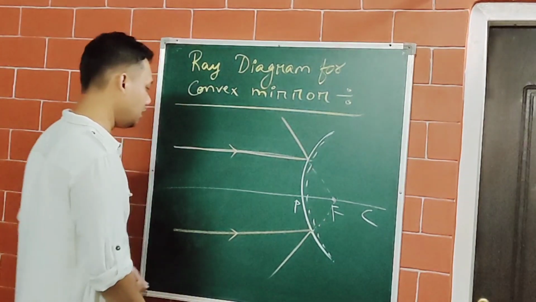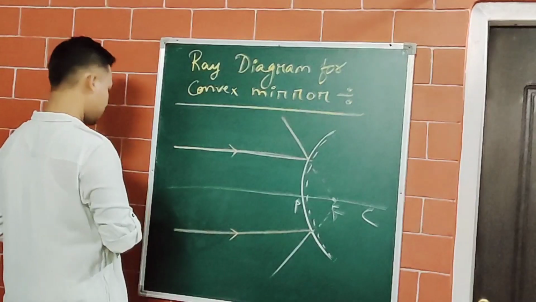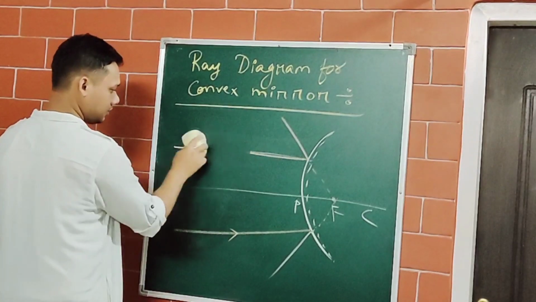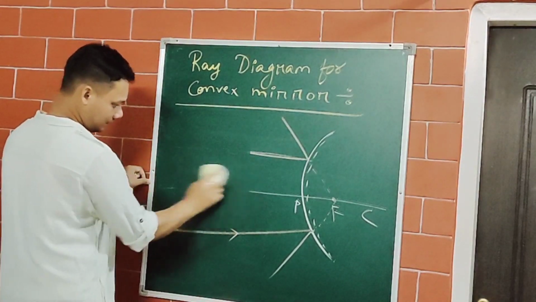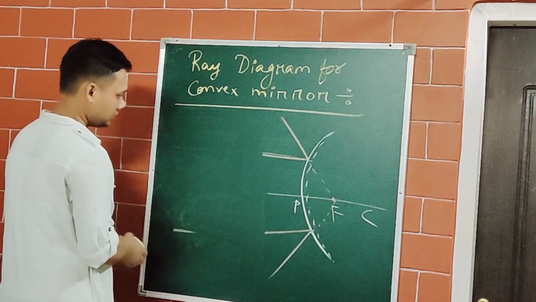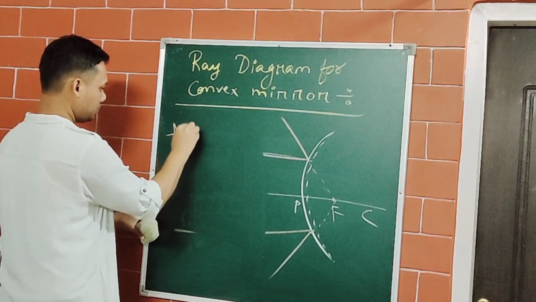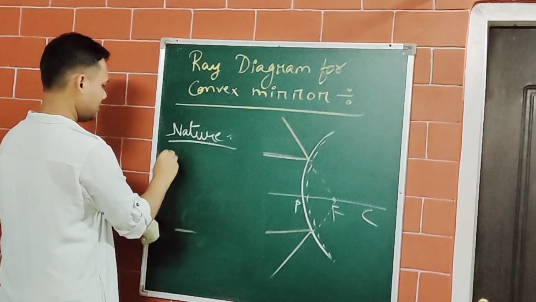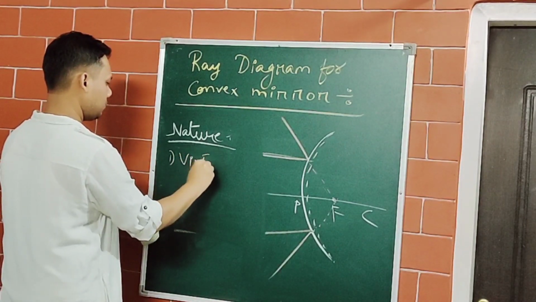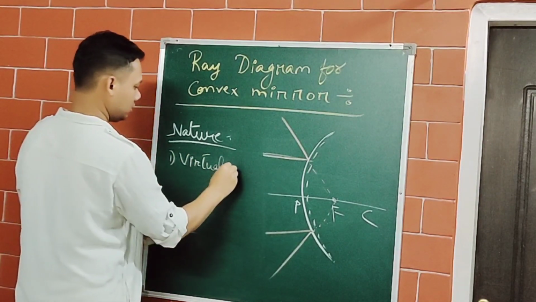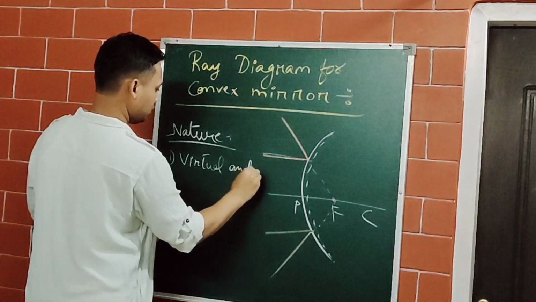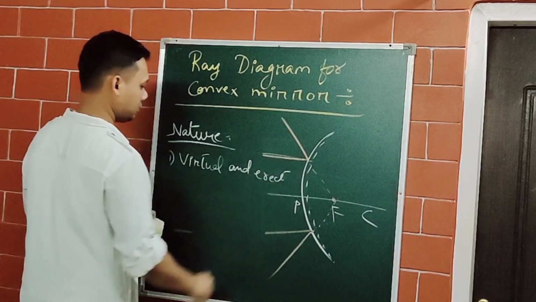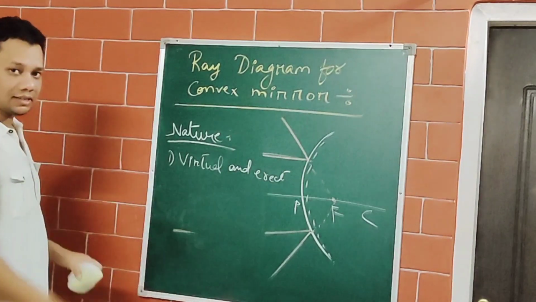What is the nature of this image? Draw it. Nature: virtual and erect. And what is the size of the image?